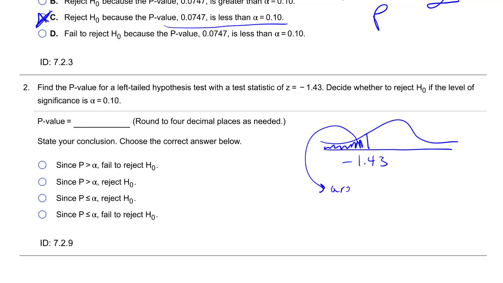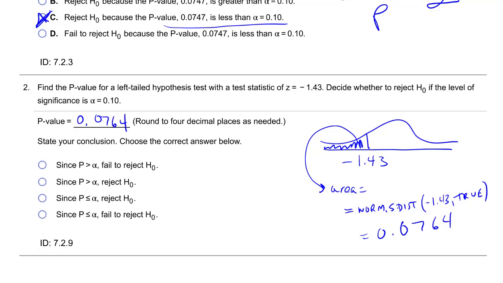In order to do that, I would use equals NORM.S.DIST of negative 1.43, true, and if you do that you end up getting 0.0764. So that's the p-value.